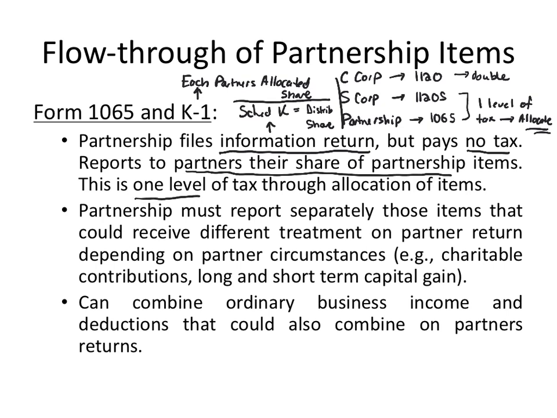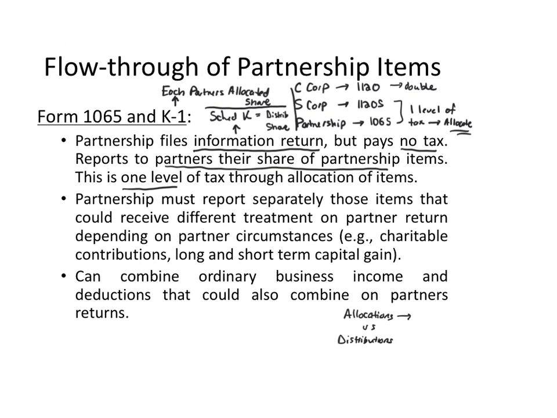Now, it's important to note allocations versus distributions. Allocations are not the same as distributions. Each year the partnership is going to allocate items of income, deduction, credit, and other things out to the owners, even if the owners do not receive any money or any property that year.